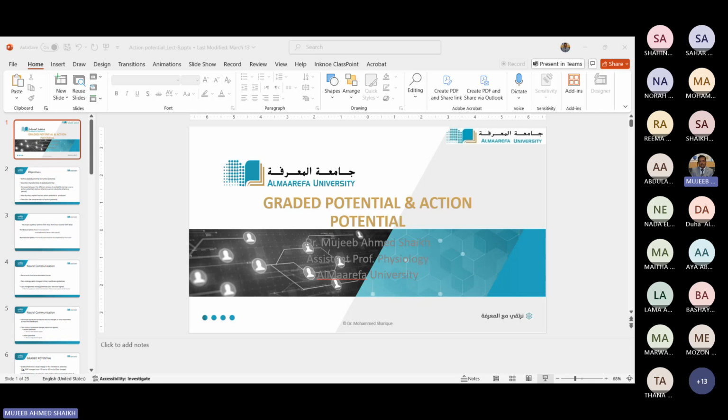If they are near to each other, it can look like a bigger graph. That means number 1 is combined with number 2, so it becomes slightly bigger. This is called summation or addition. So graded potentials can be combined.